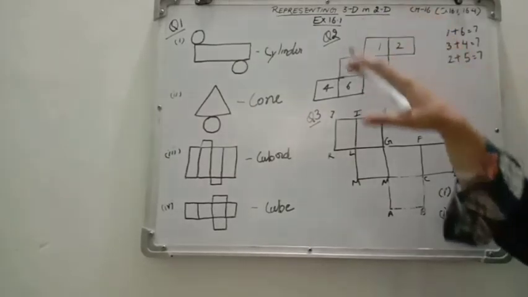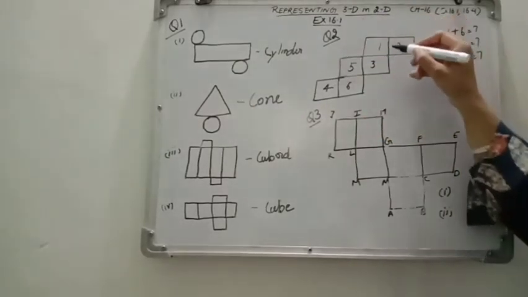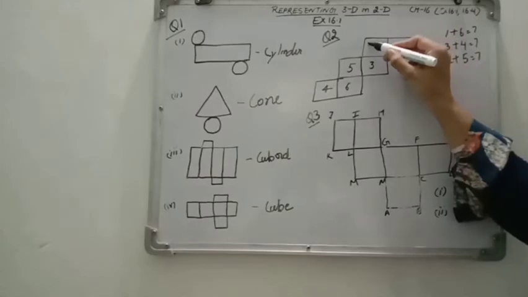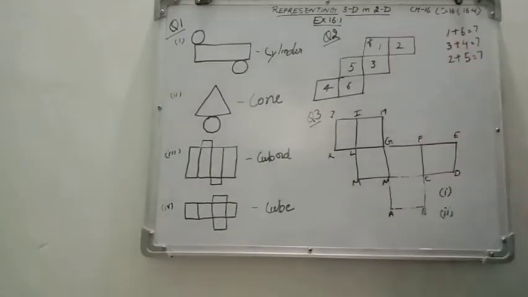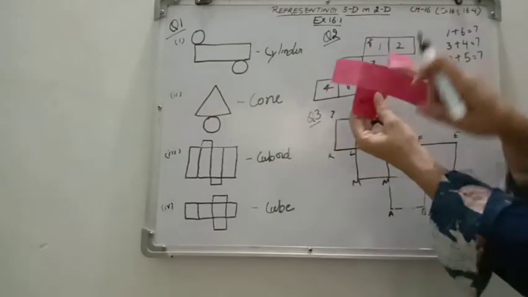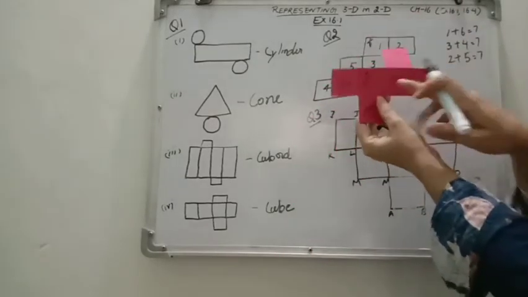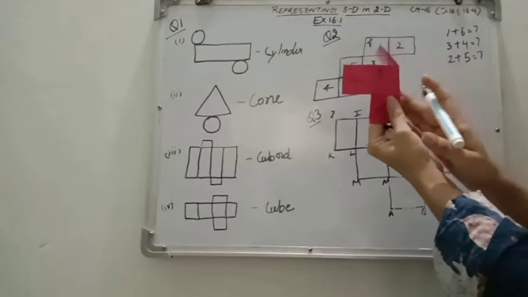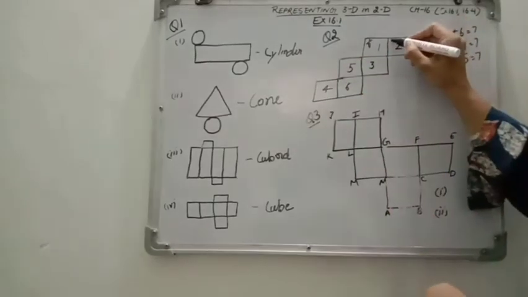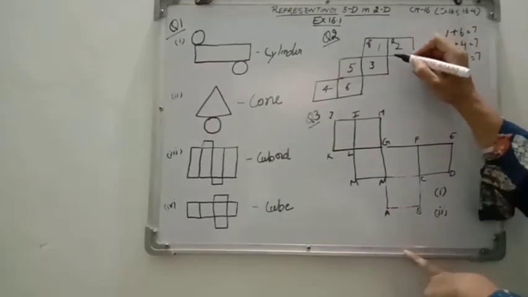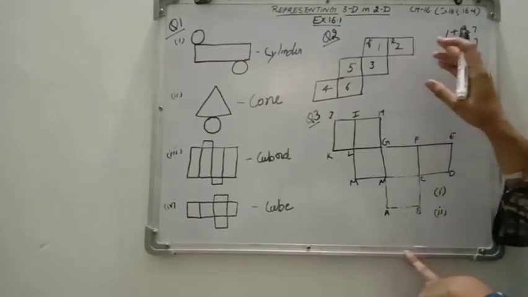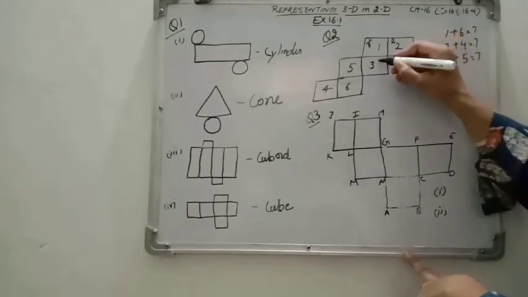So imagine here I take 1 as front. If I consider this one is front, then what will be its right? 2 becomes right. Clear? And 3 becomes base.